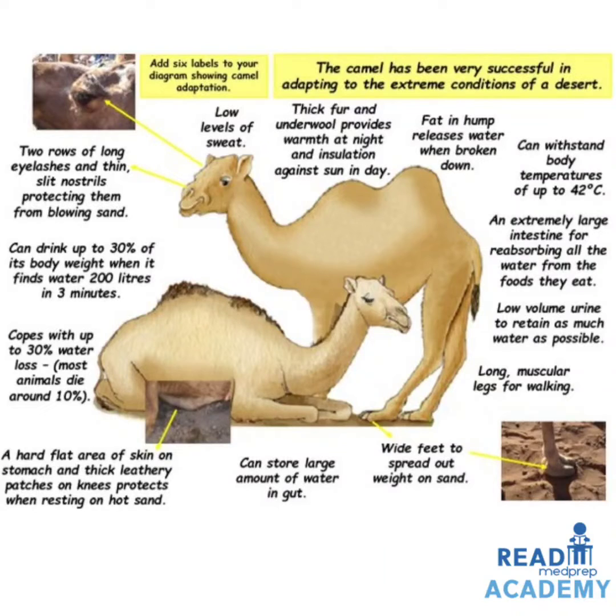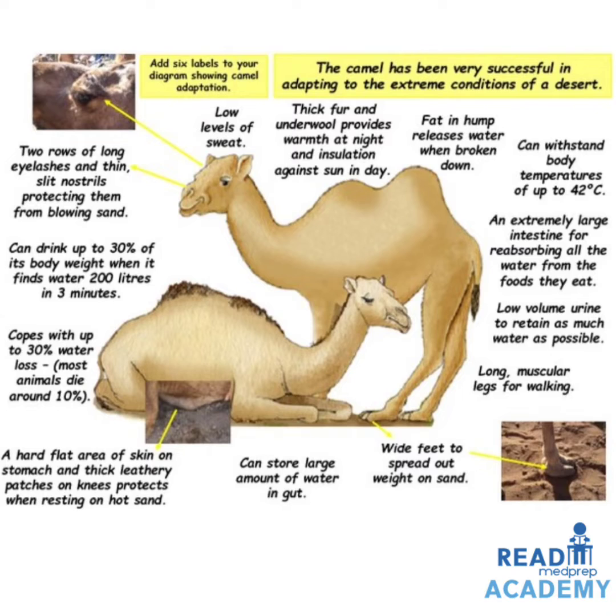In this image, you can see how a camel is successfully adapted to the desert environment. It has low levels of sweat. Thick fur and underwool provide warmth at night and insulation against sun in the day. Fat in the hump releases water when broken down, and it can withstand body temperatures of up to 42 degrees centigrade.